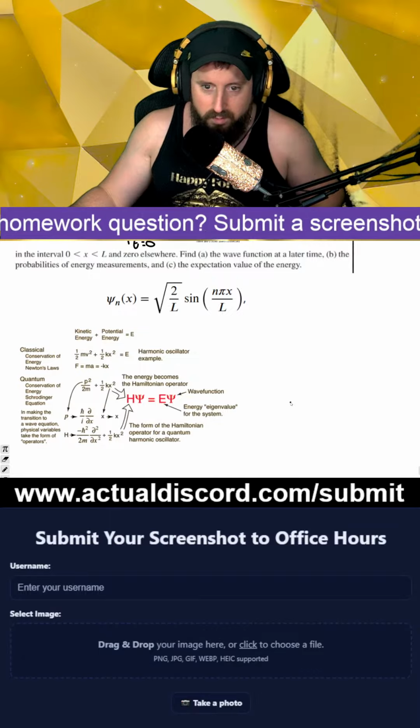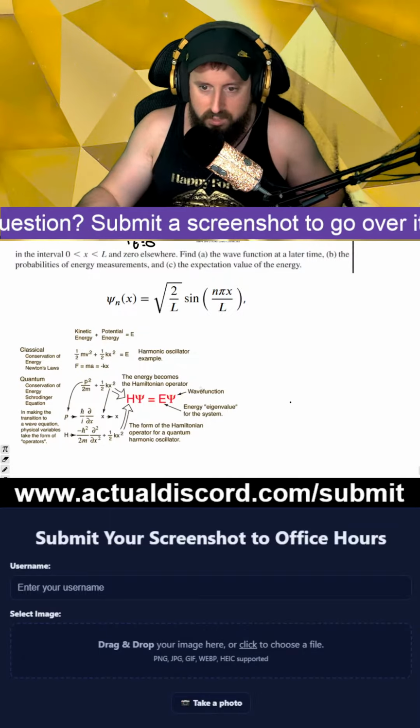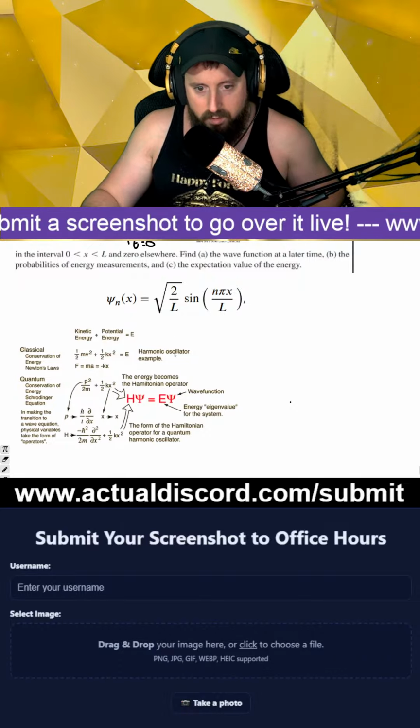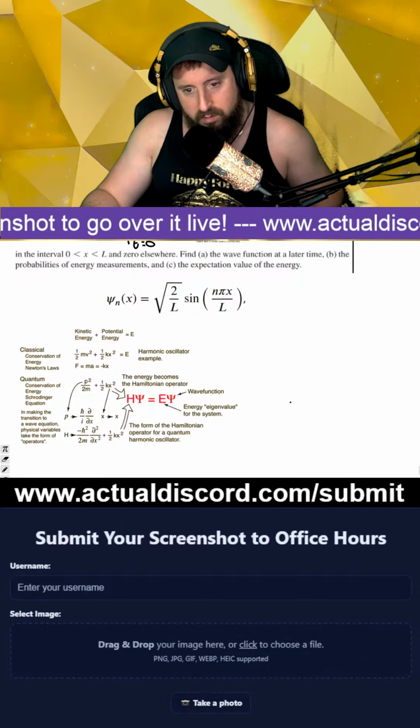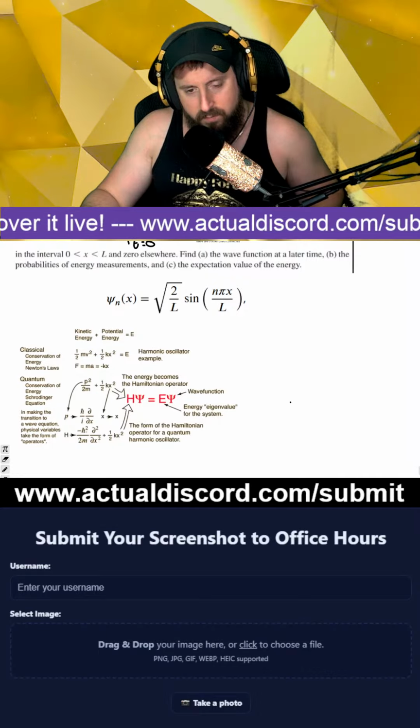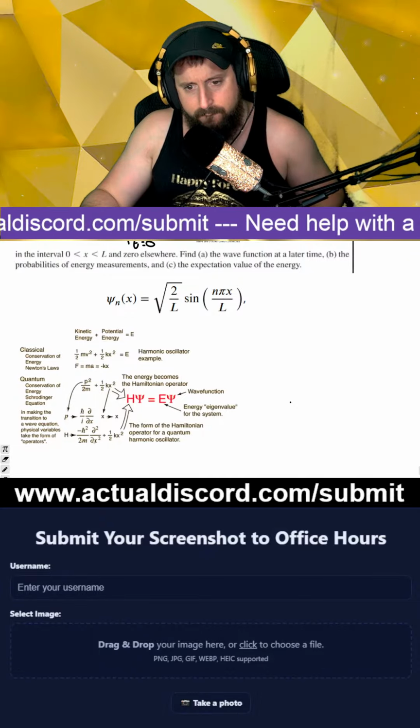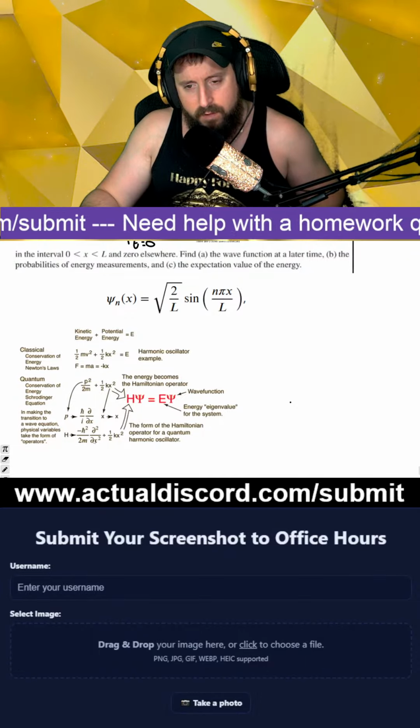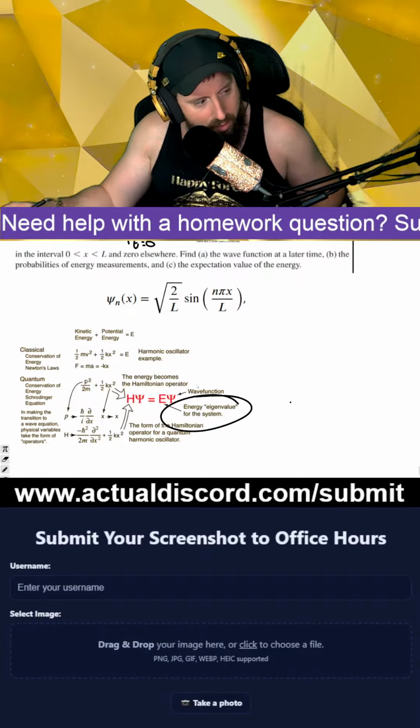Okay. Yeah, H psi equals E psi, right? Where H is negative H bar squared over 2m d squared dx squared. And it's equal to the energy of the eigenvalue states, right?